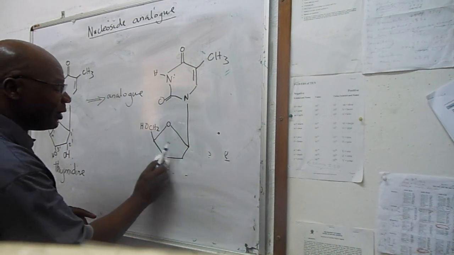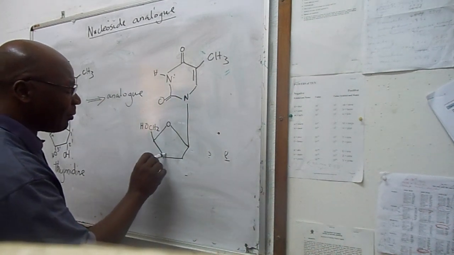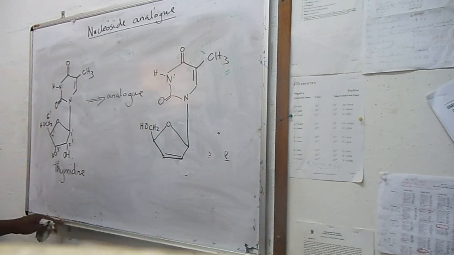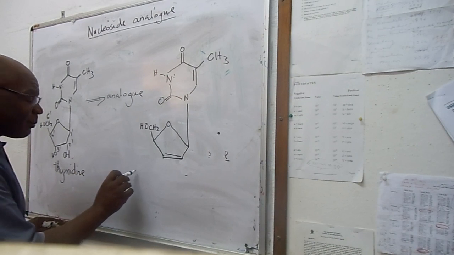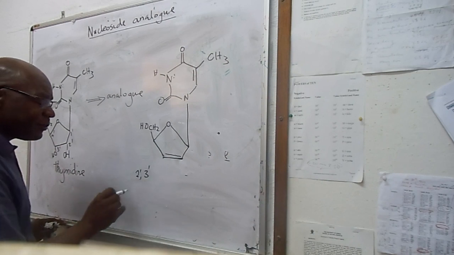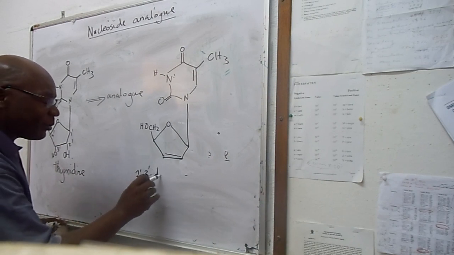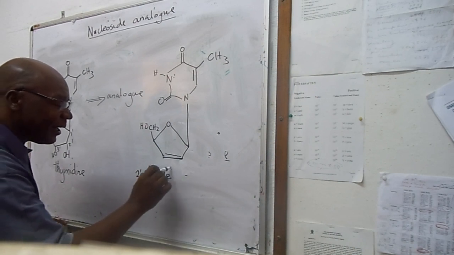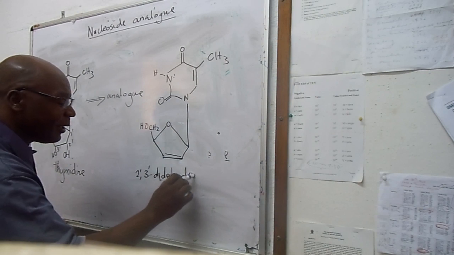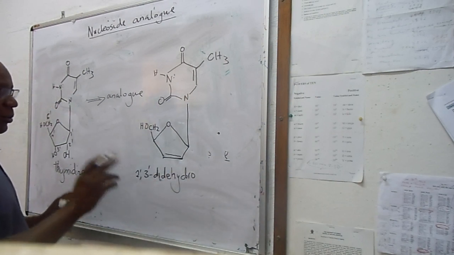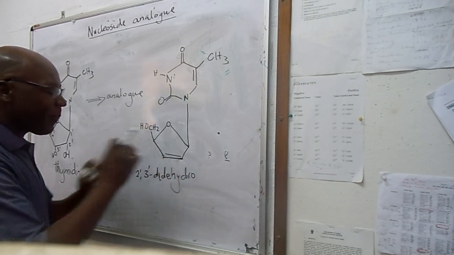If I remove the hydrogen, then I'm going to create a double bond here. So what I have done is that at position number 2 prime and at position number 3 prime, I have removed the hydrogen. So I can say dihydro. Remember, dihydro is the removal of hydrogen, so two hydrogens have been removed here.